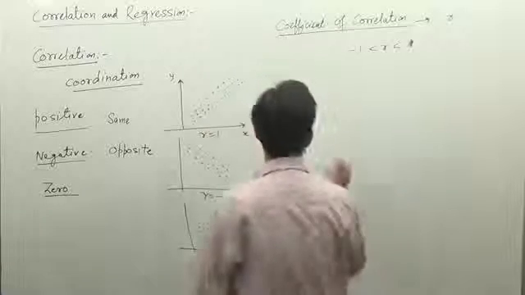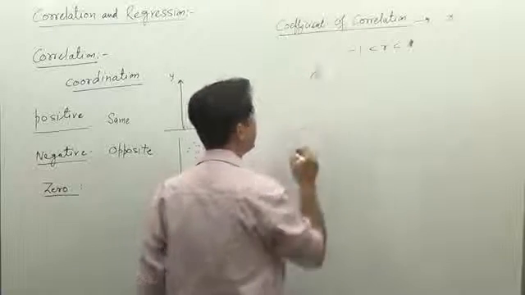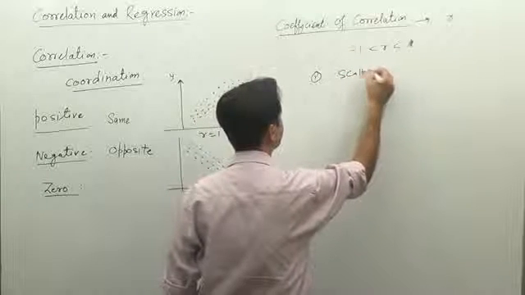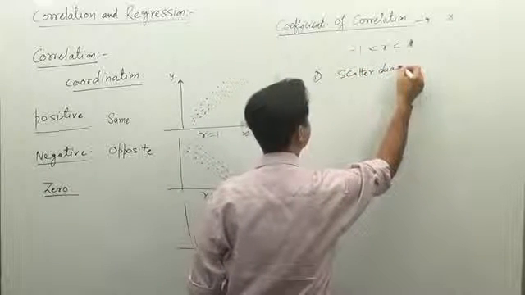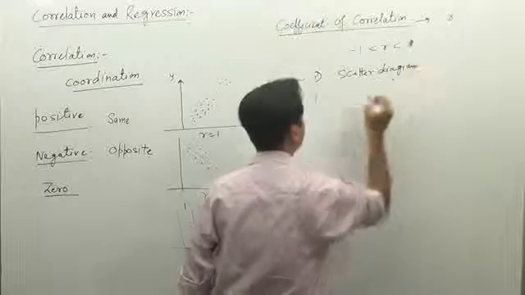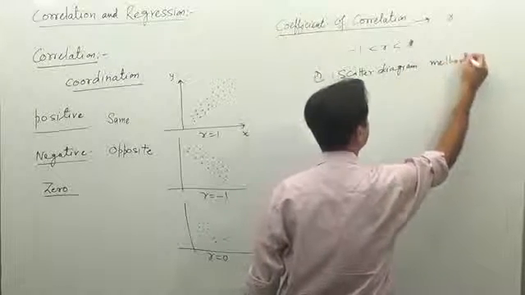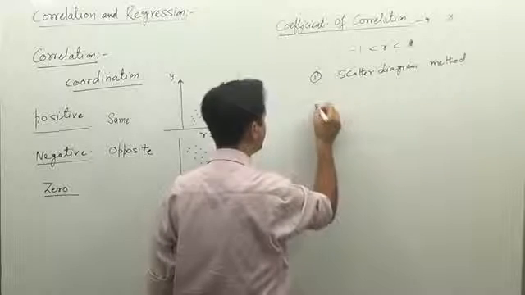Okay, so we have three methods of finding correlation. One is the scatter diagram method, by the help of which we can find the coefficient of correlation.